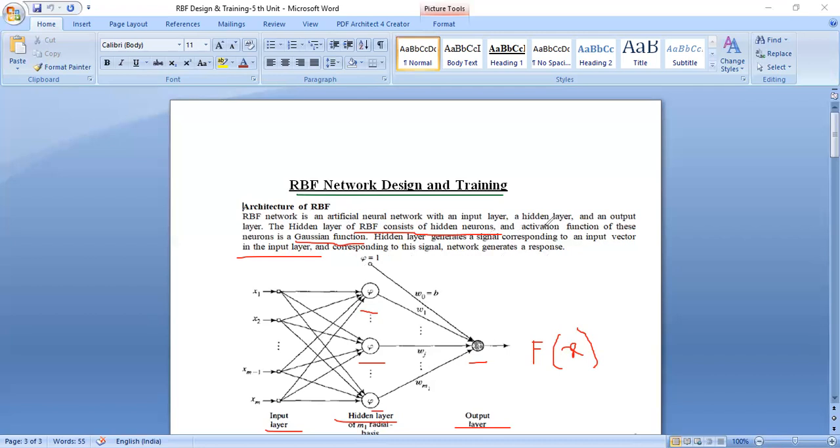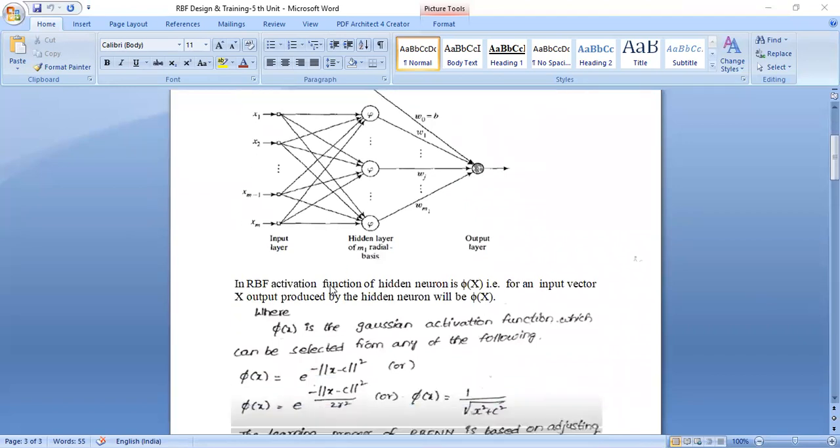Now we are going to see the design and training of the RBF network. First of all, we would see the Gaussian function formulas. Here we have taken three kinds of formulas for the Gaussian function. The Gaussian function is the activation function in the hidden layer neuron.